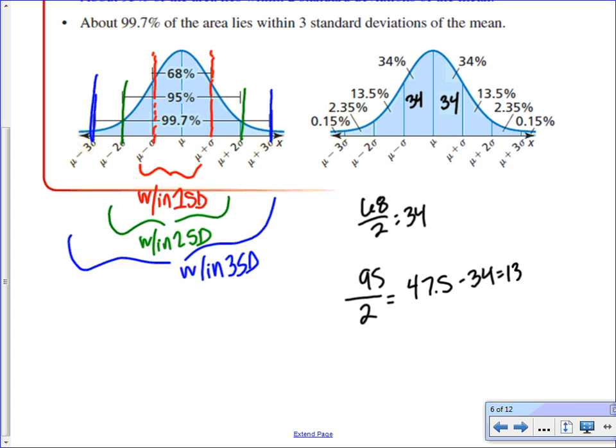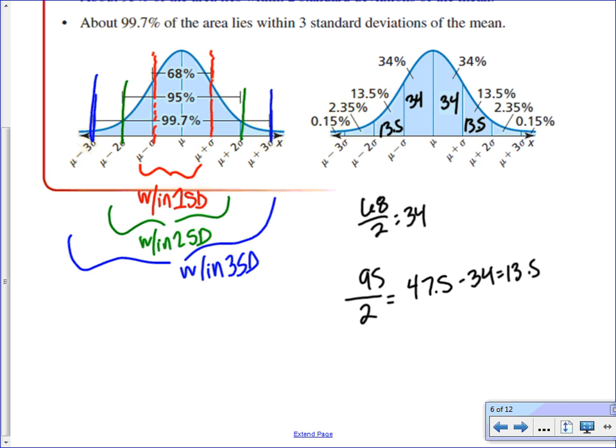So then you get 13.5. Did anybody figure the 13.5 differently than dividing 95 in half and subtracting 34? Well, I just said 34 plus 13.5 times 2. Oh, so you kind of went backwards. 34 plus 13.5 is that 47.5 multiplied by 2, and then wow, we have that 95% of our data. Okay. So I'm okay with that. Anybody else want to share anything there?